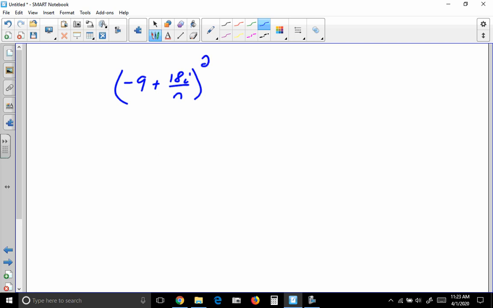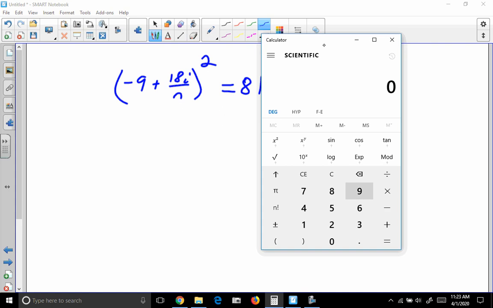If we square it, remember the shortcut to squaring it is to square the first one, so -9 times -9. Multiply those two together and double it. So if we multiply -9 times 18, we would get -162 and then double it. So that's going to be the coefficient of i over n.